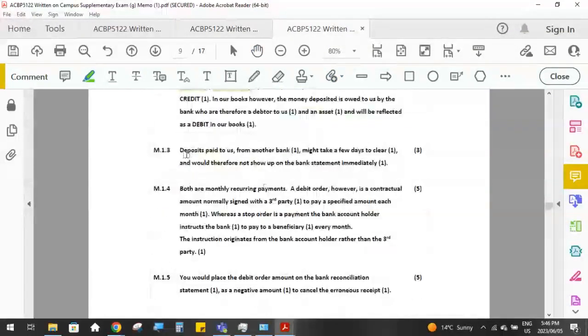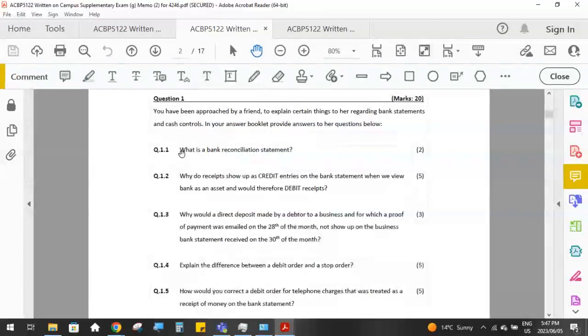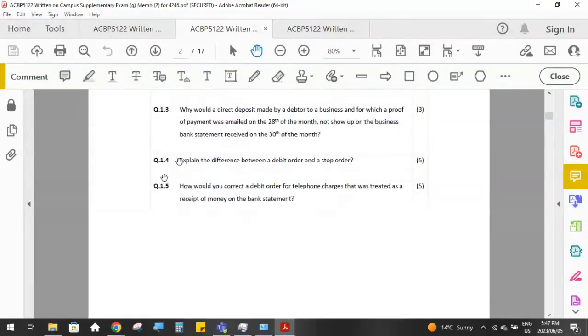So in this case, again, if a deposit is paid to us, somebody has deposited that and say they deposit in a standard bank account and our bank account is First National Bank, it always takes a few days to clear from their bank to our bank, and therefore it won't show up immediately. Anything that shows that you understand that process.